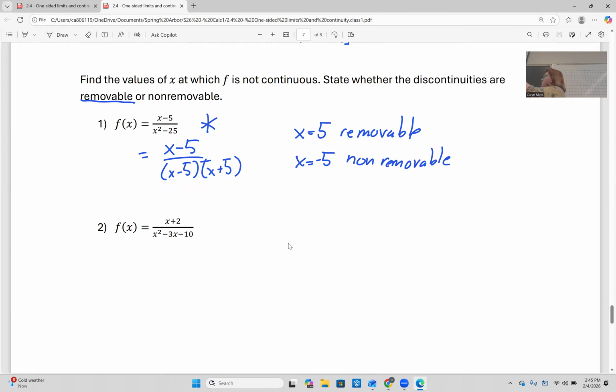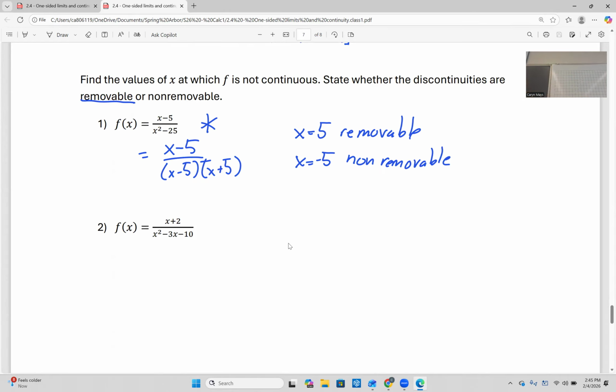And it comes down to, for removable, that's something where the numerator and denominator would cancel each other, and we'd end up with a simplified function that I can get rid of the issue to evaluate the limit. And analytically, that was I can factor and get rid of the problem terms. And non-removable is I can't cancel away the problem terms. They're going to remain there.